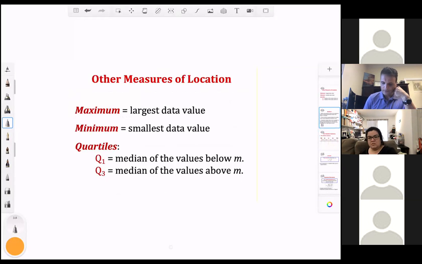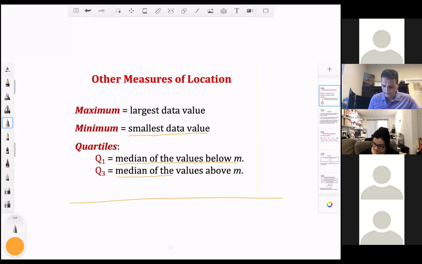The maximum is the largest data value, and the minimum is the smallest. Quartile 1 is the median of the values below M, and Q3 is the median of the values above M. If there is data here, this is the median, this is the minimum, and that's the maximum.